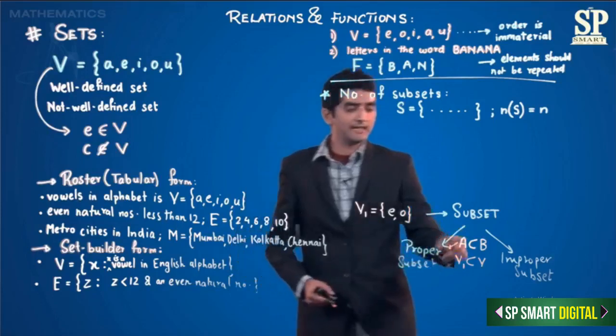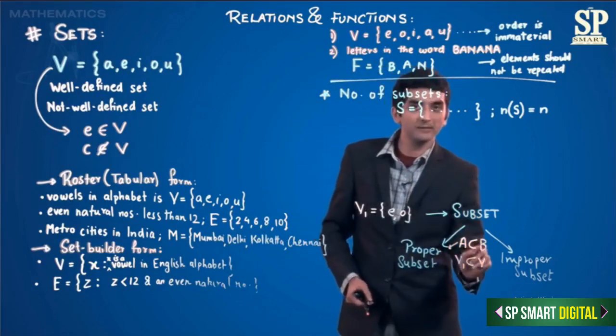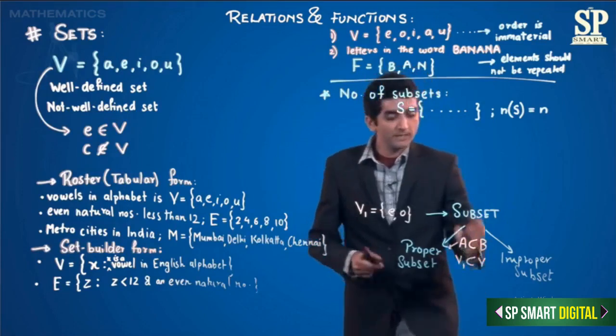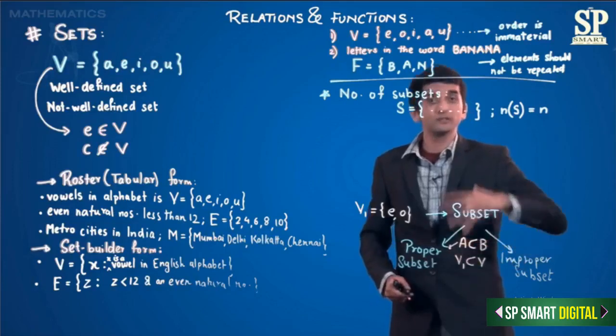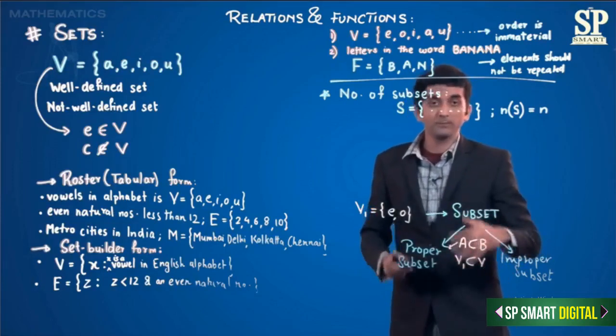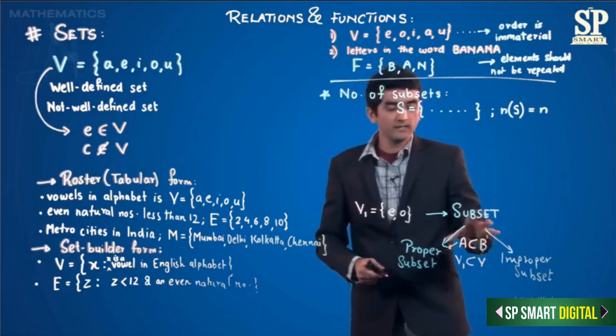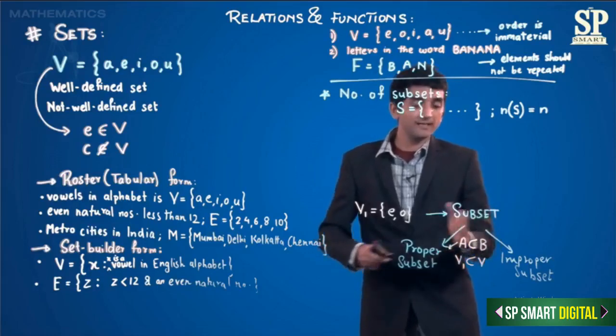It says that A has at least one element less than B, right? And B has all the elements that A has. So basically B is the superset of A, because B has all the elements which A has, but A has at least one element less than B.